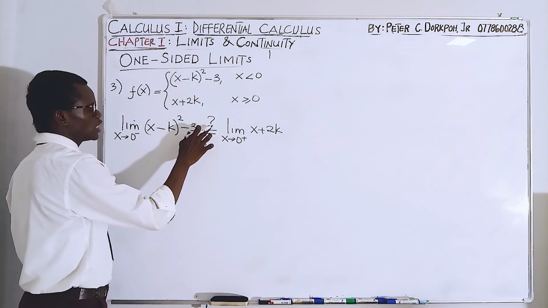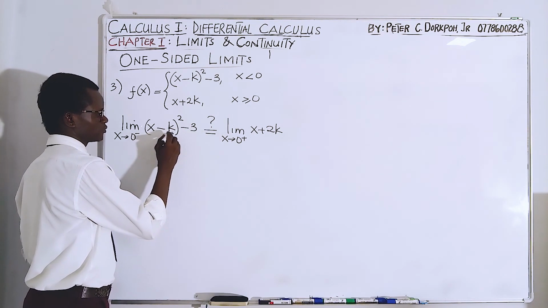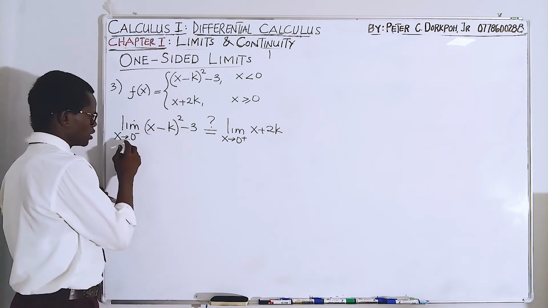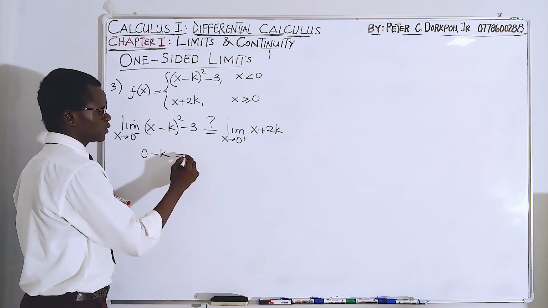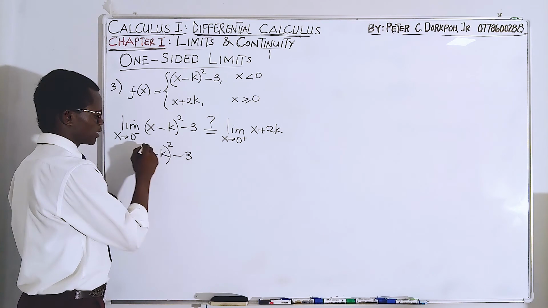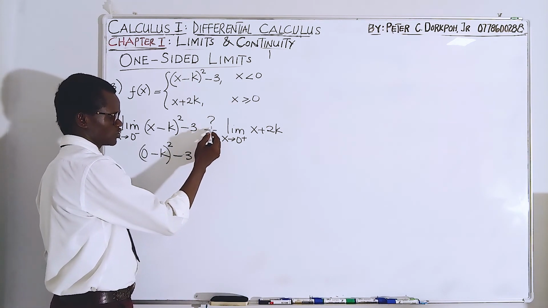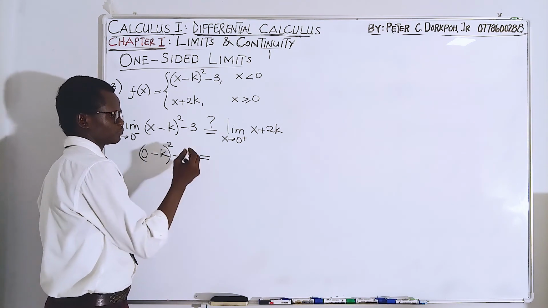So now we do not need a question mark because we have a variable right here. We have a variable, just look there. So we apply the limit now, you have 0 minus k, all squared, minus 3 now. We don't need a question mark because we already have a variable within this problem.